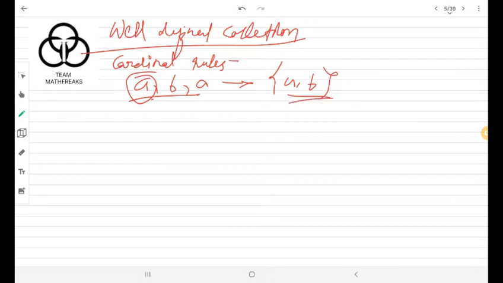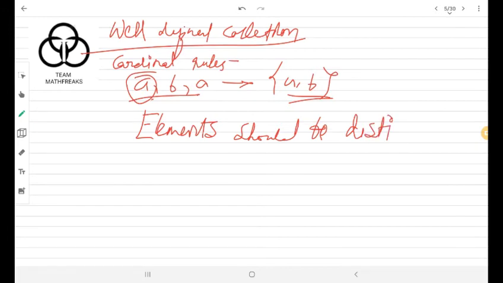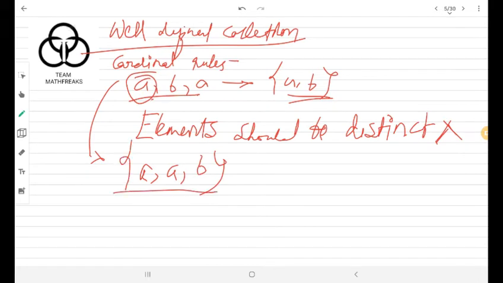When this rule is violated, and elements are not distinct, the resulting set would look like A, A, B. This is the concept of multiset.